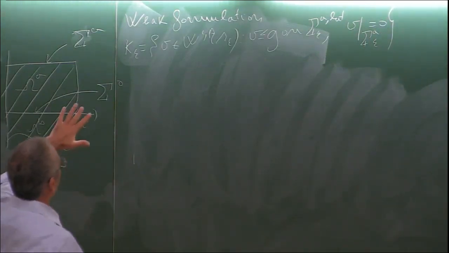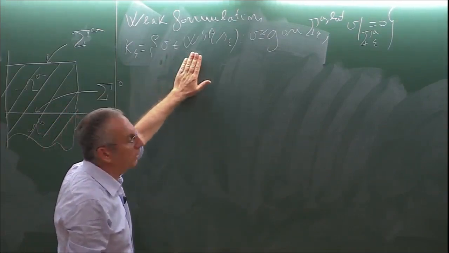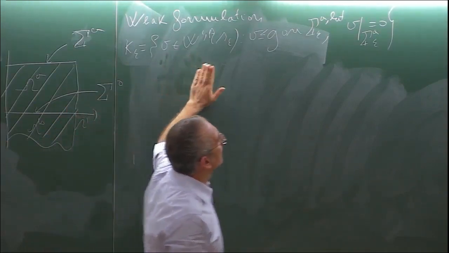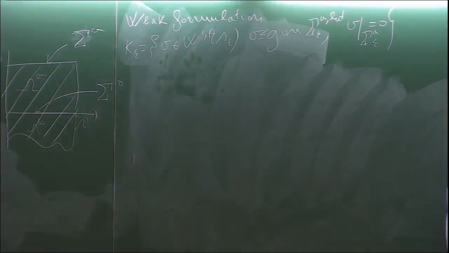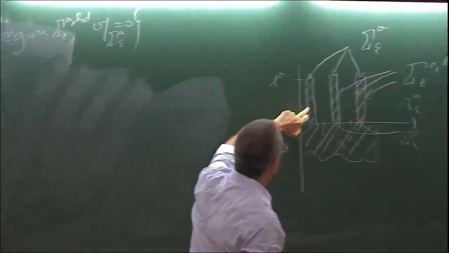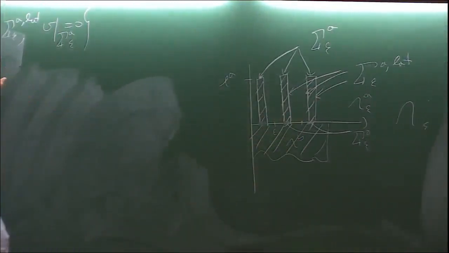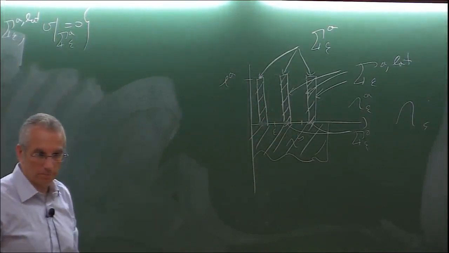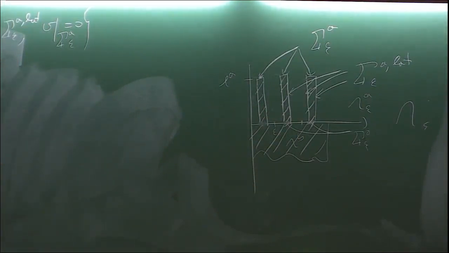Then this is the set of functions v in W^{1,p}(omega epsilon) such that v equals 0 on the top of the teeth, and on the lateral boundary, the trace of v is less than the trace of g. So the weak formulation is that one.